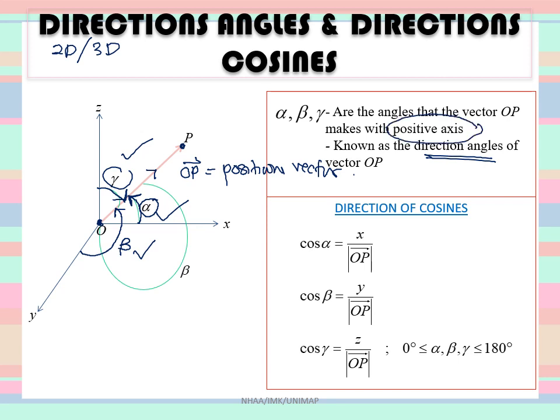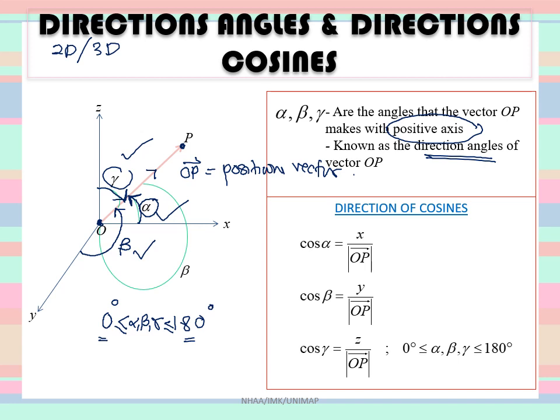Why is it the positive axis? Because the angle is always between 0 and 180 degrees. So alpha, beta, gamma are always between 0 and 180. Understand? Clear on the direction angle, right?